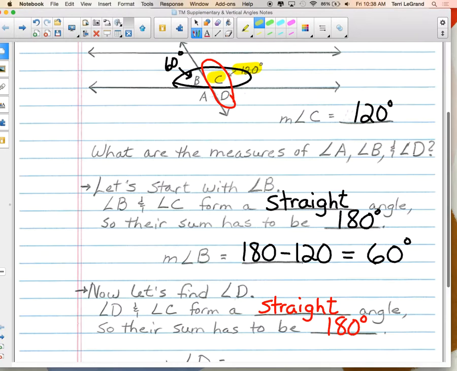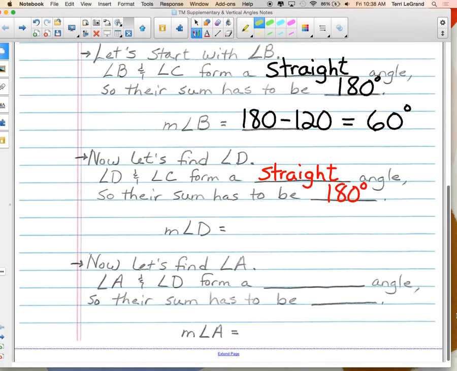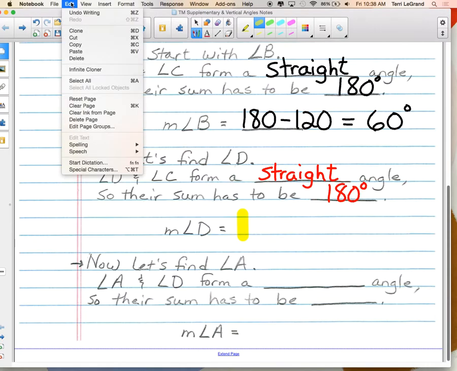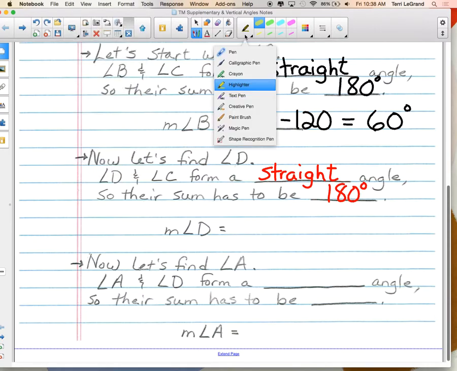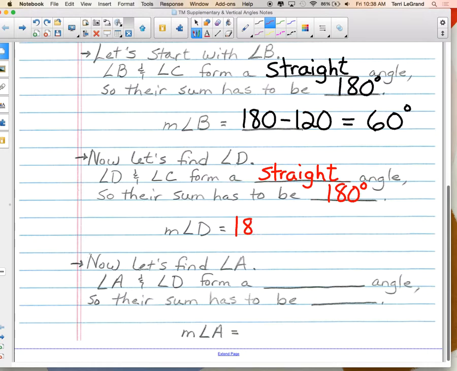C and D form a straight angle. We know that C is 120. So what are we going to do, class? Subtract. We're going to take 180, the total of the two of them together, subtract the measure of angle C, and what are we going to get? 60.